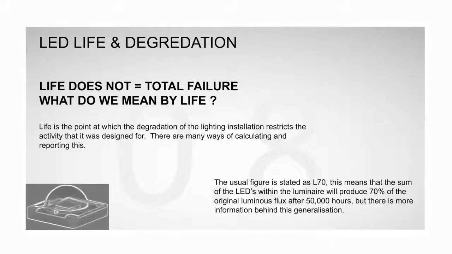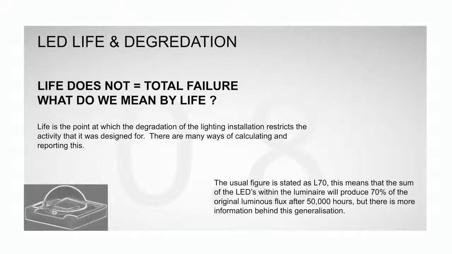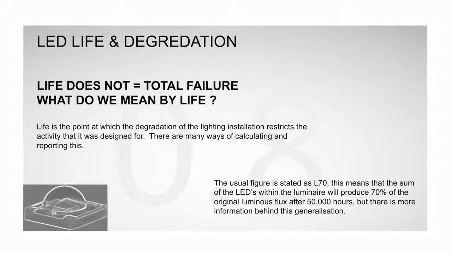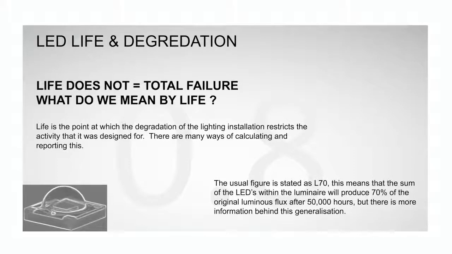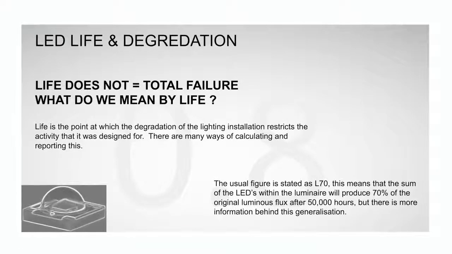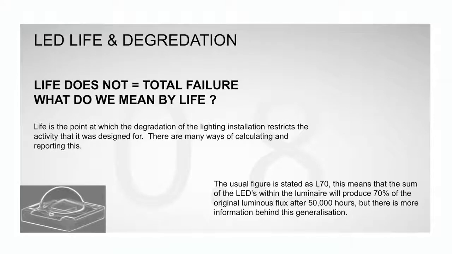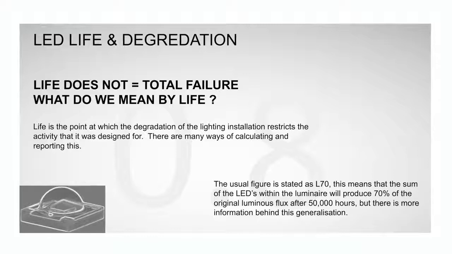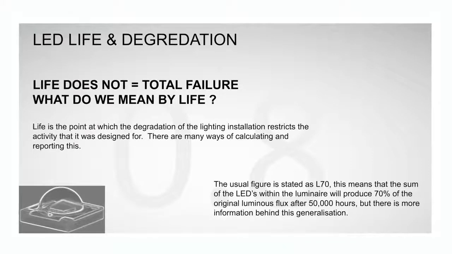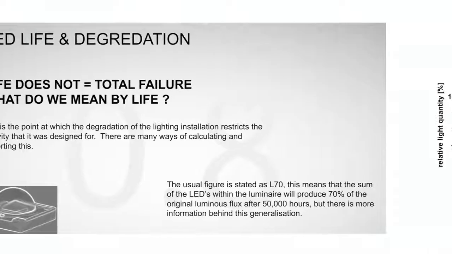In reality, we don't want to know when the LED will fail, but when it reduces to a percentage of the original light output, and that stops the LED being useful. We sometimes talk about 70% of the original output, and this has become the accepted response. This has a big effect on maintenance factor, as Jamie has explained, but we need to understand what these numbers mean.